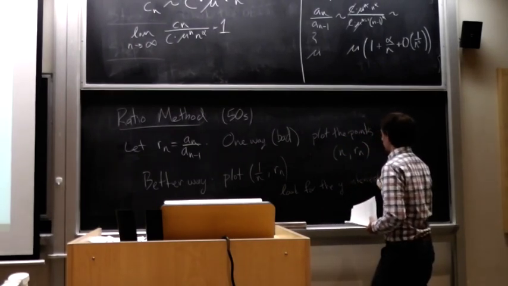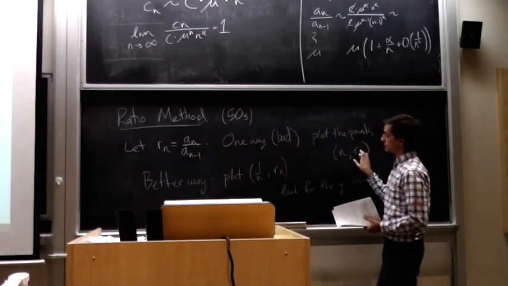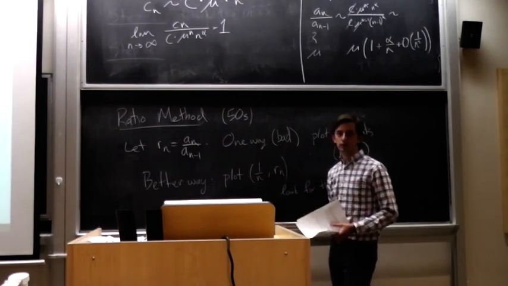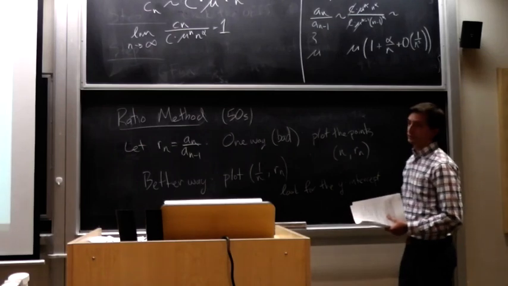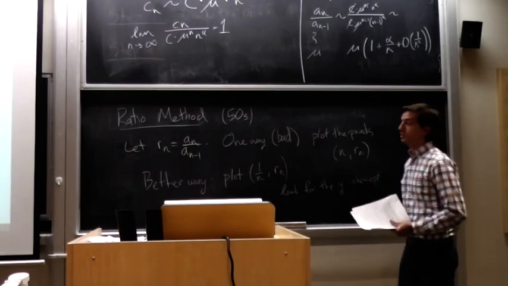This has nothing to do with these actually being ratios, it's just a fact about numbers. If you're looking for a horizontal asymptote, and you turn that x-coordinate from n to 1 over n, now you're looking for a y-intercept. It's also useful if you're looking for that 1 over n. Yeah, exactly. So this first step is going to help us estimate mu.